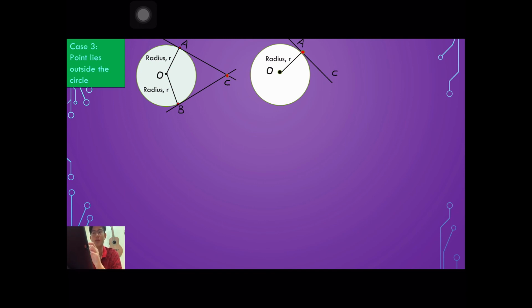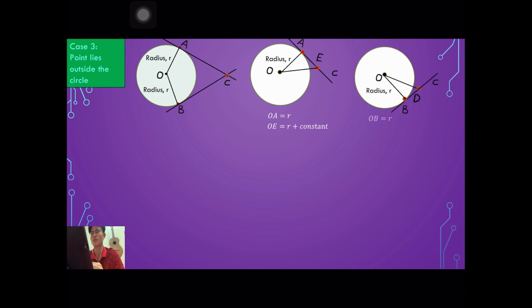Let's give an example. If there exists another point E that lies on the line AC, the distance between this point E and the origin of the circle will be the radius plus some constant value, while point A is just a radius away from the origin of the circle. This applies the same to the bottom part of the circle.